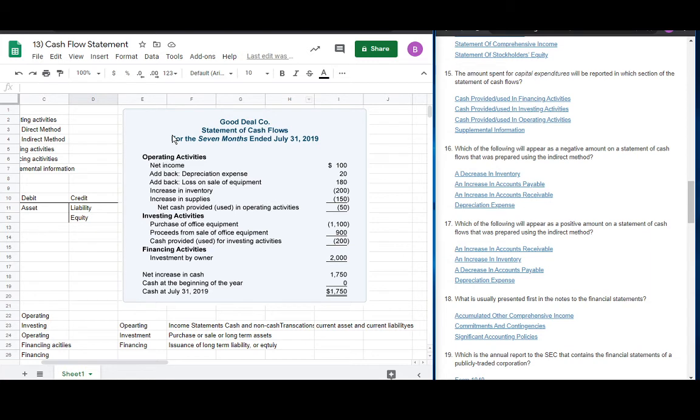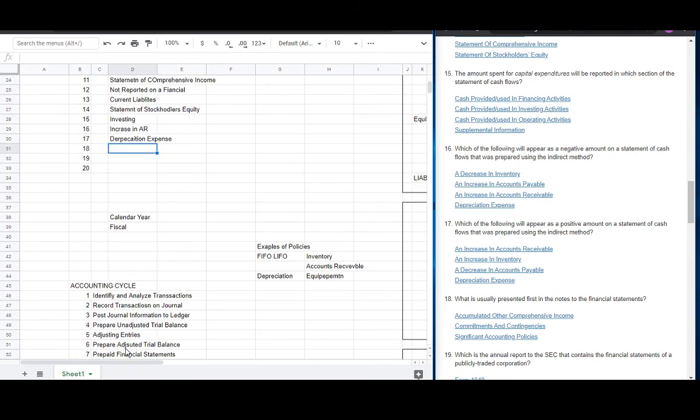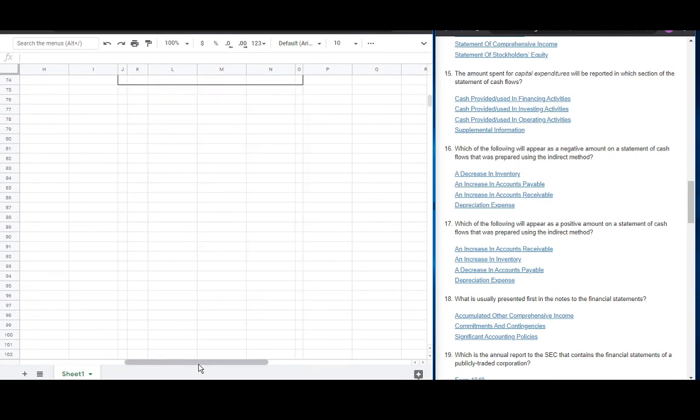However here, sometimes the accountant uses the net income, then we reconcile it to get the net cash provided in operating activities. So yun, makita natin na inad back yung depreciation, inad back yung loss, tapos din-increase yung increase in inventory. Ayan. So, let's find here.